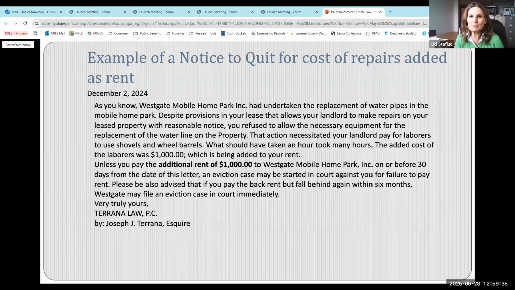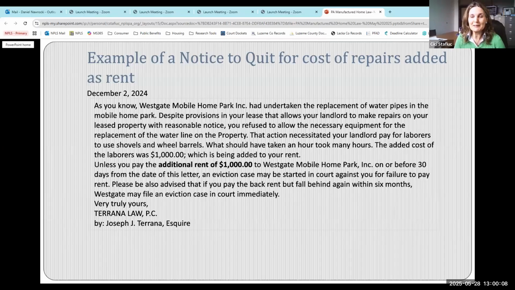It's for some costs that the park owner incurred for doing repairs to the water pipes, and adding $1,000 as additional rent because of my client allegedly not allowing the workers to come into her yard, so they had to do extra work that cost the park owner $1,000.